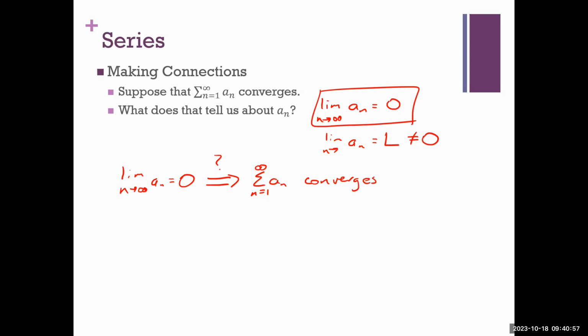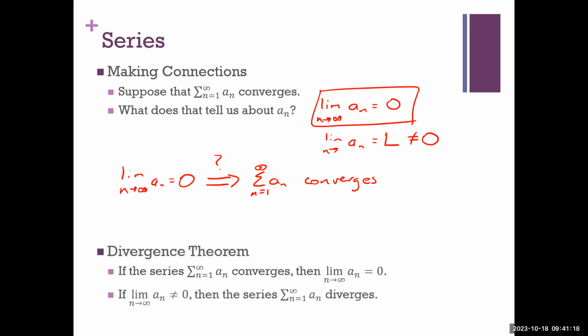And that's a really important thing. If you have a series that converges, the sequence has to converge to zero. But if you have a sequence that converges to zero, you can't yet say the series converges. So that's this divergence theorem here.